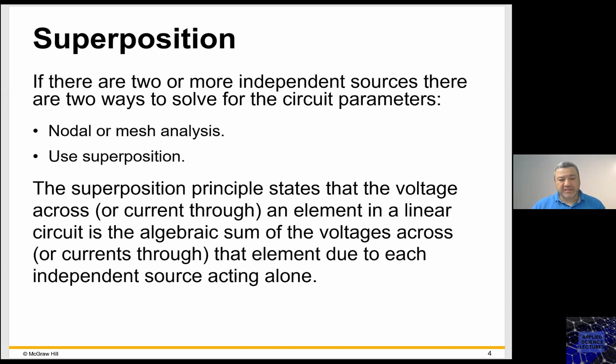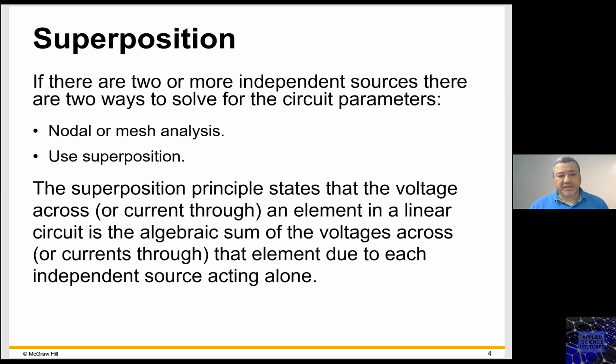The superposition states that the voltage across or the current going through any resistor is the algebraic summation of those voltages or currents that this element is seeing due to each independent source acting alone, so one at a time.